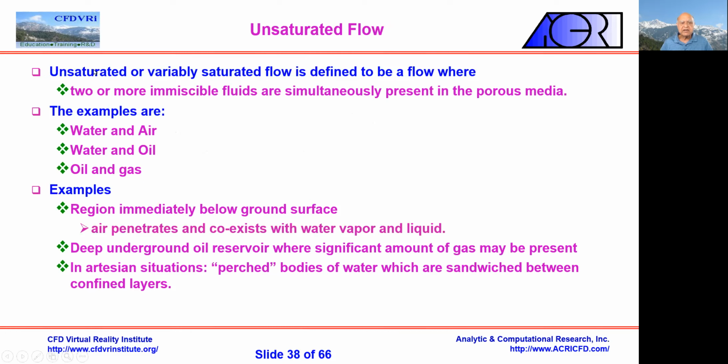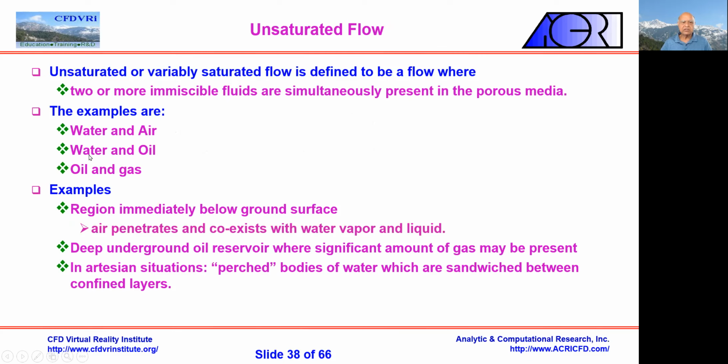Now, the other important class is unsaturated flow, also called variably saturated flow, or the Vadose zone. This means that two or more immiscible fluids are simultaneously present in the porous media. They kind of share the space with each other, like water and oil, water and air, and oil and gas. And then, of course, all three of them can be present together.